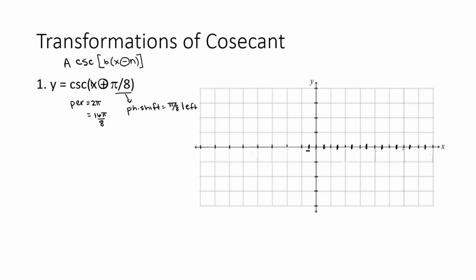So I'm going to mark this as negative pi eighths. Now, just like our cotangent, this is beginning at an asymptote. So I mark that. This is my start, which equals an asymptote.